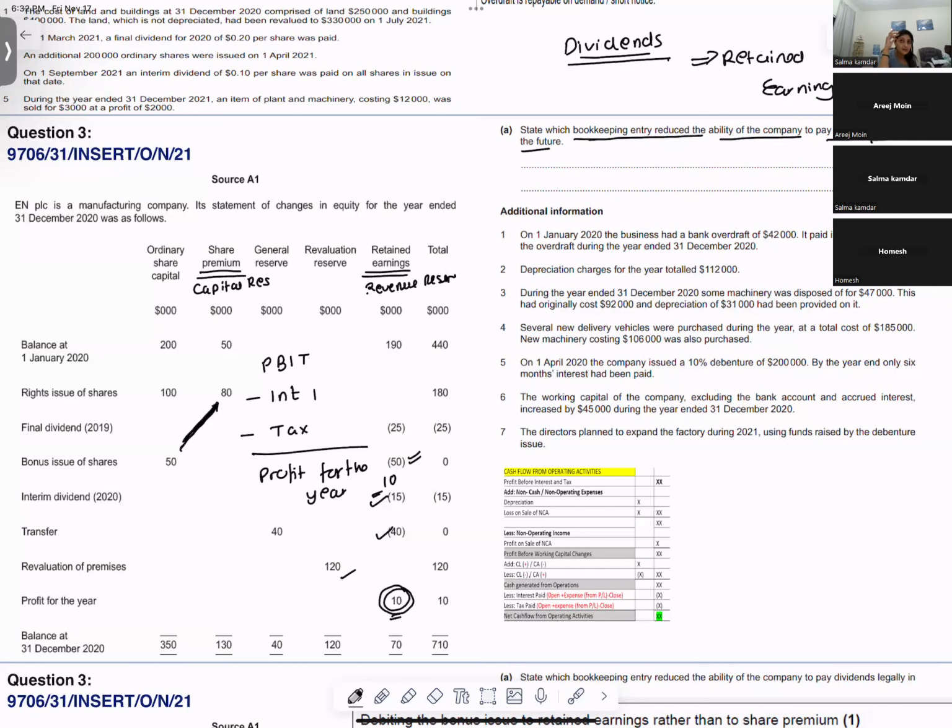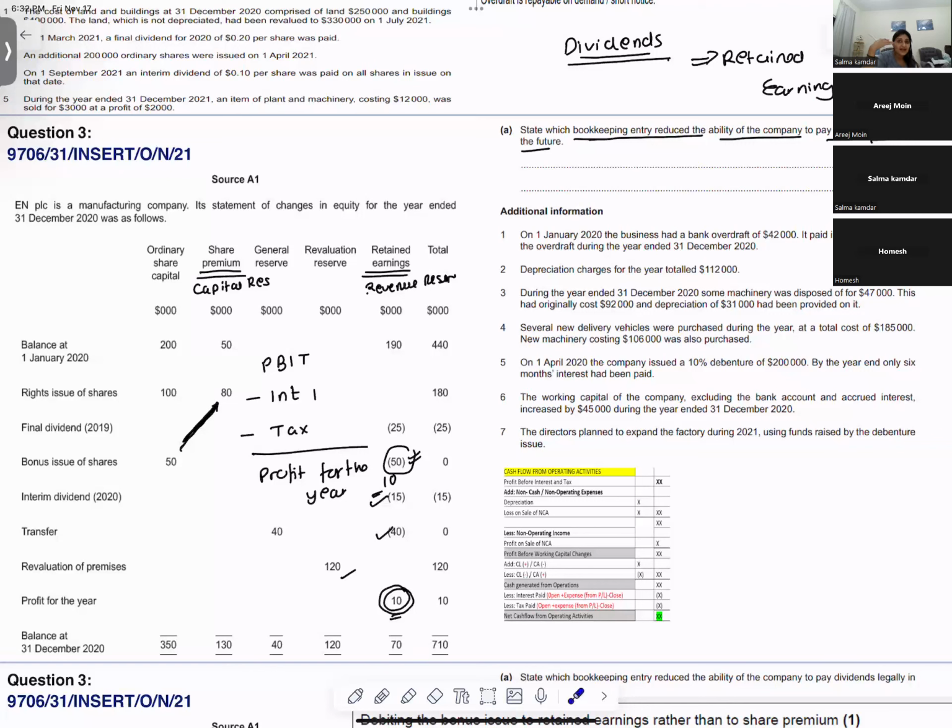But what did the company do? They gave bonus shares from retained earnings. That means they tried to reduce the retained earnings.